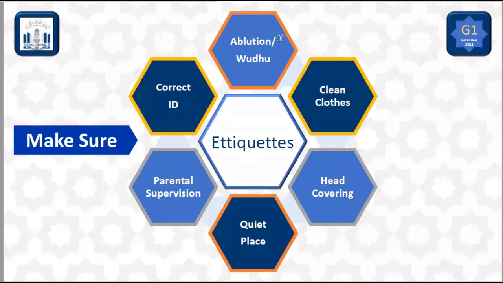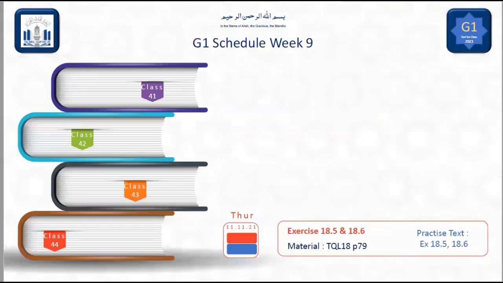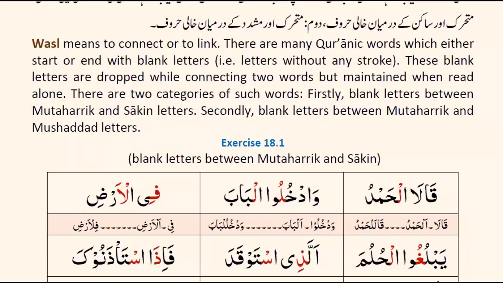Okay? So today we are going to be revising and practicing exercise 18.5 and 18.6 about wasl, which we have learned in our previous classes. So I will quickly go through the wasl rule.